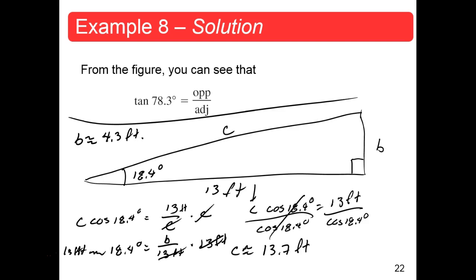Cosecant is the reciprocal of sine. So that would be 3. Hypotenuse over opposite. Secant? That's 1. Hypotenuse over adjacent, reciprocal of cosine, and cotangent, B, which is adjacent over opposite, reciprocal of tangent.